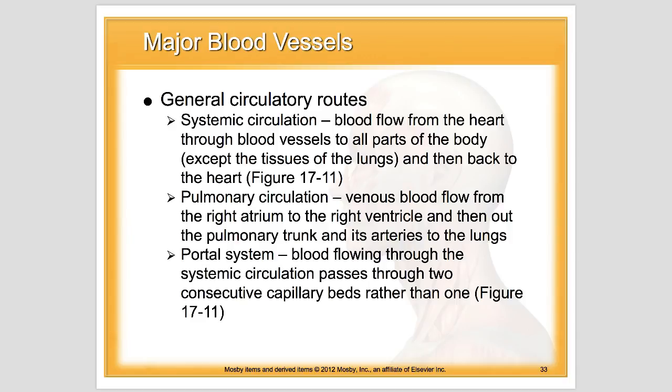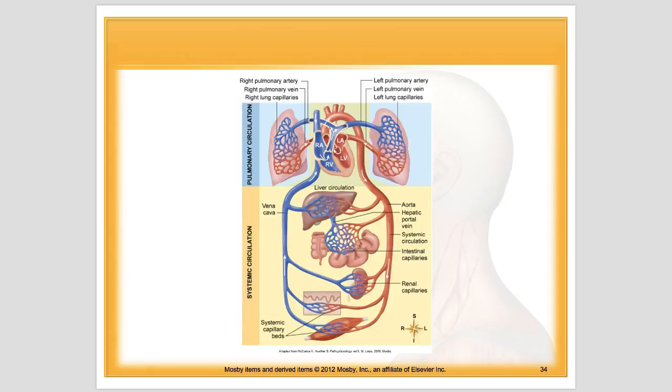Several different kinds of circulation are mentioned here. Systemic is the blood flow from the heart to all the rest of the body. Pulmonary is just getting to the lungs and back to the heart. And then portal system is blood that flows through 2 different capillary beds instead of 1 capillary bed.